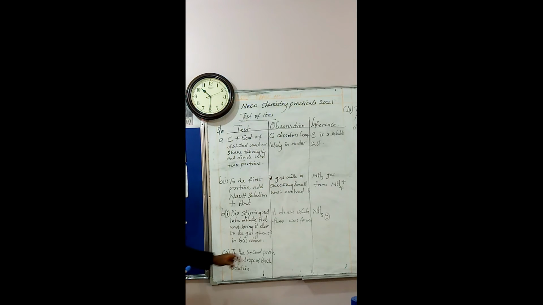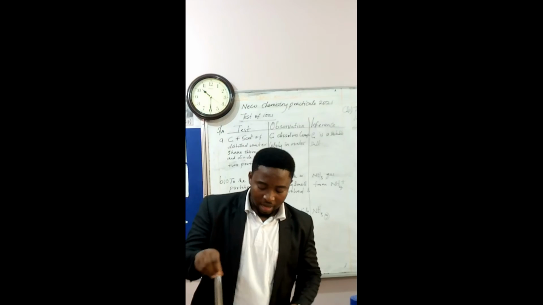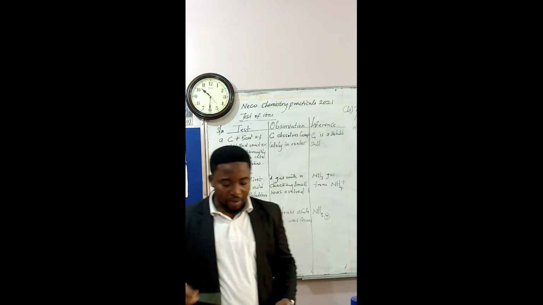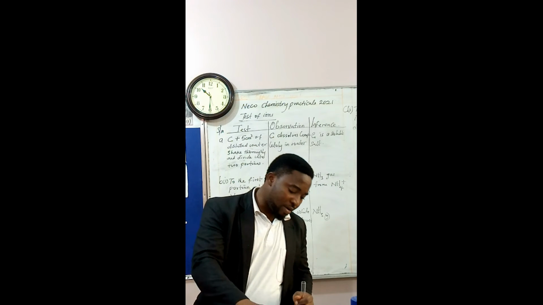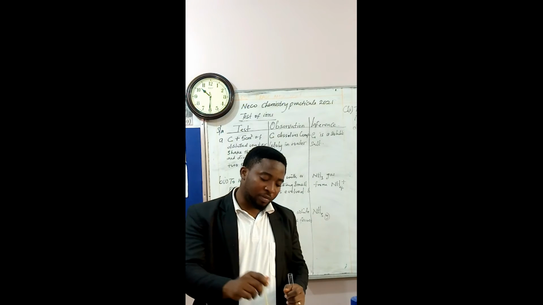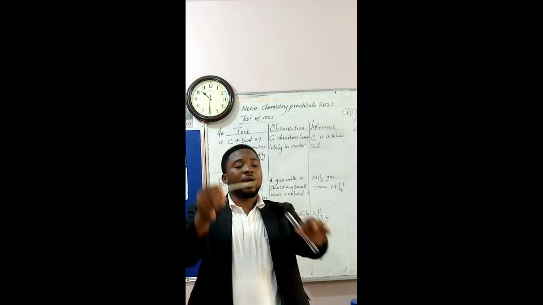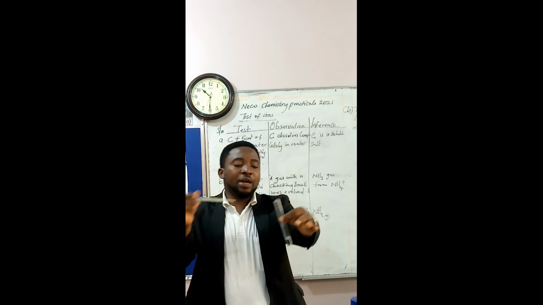Okay, let's go to the next test we have here on the board. It says to the second portion, add drops of barium chloride solution. So this is my barium chloride. I want you to observe closely. So you add drops of barium chloride solution.